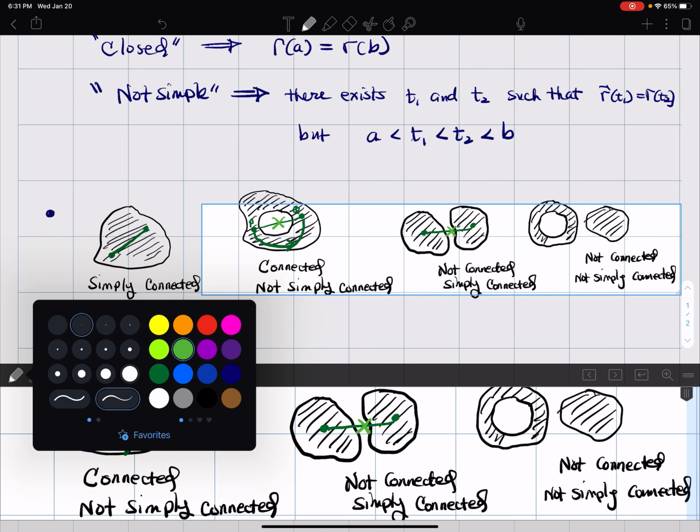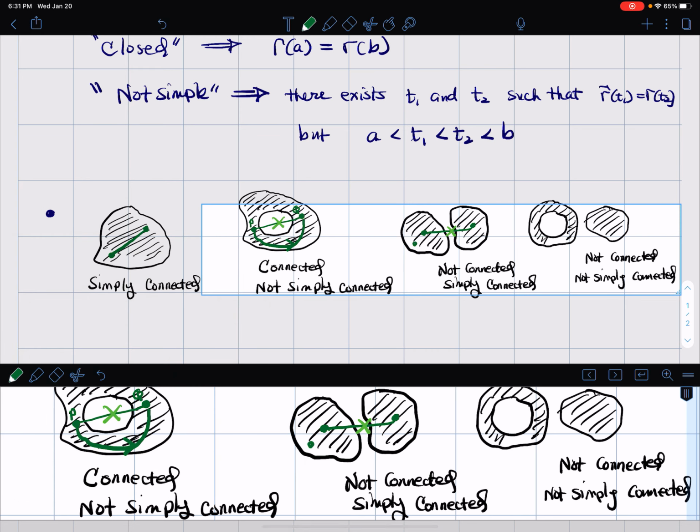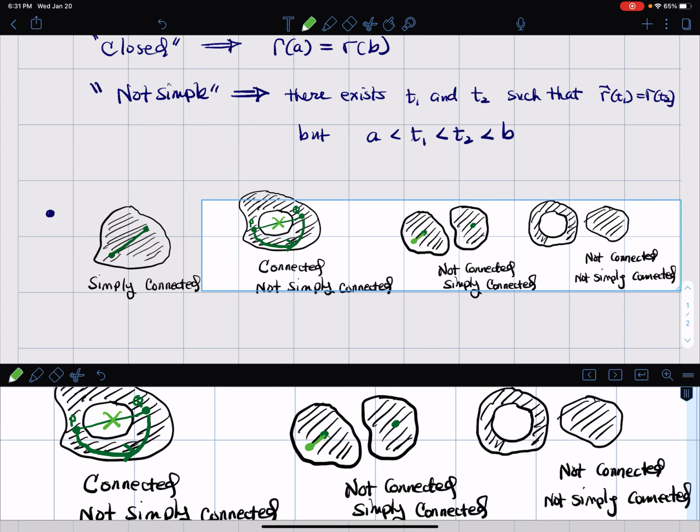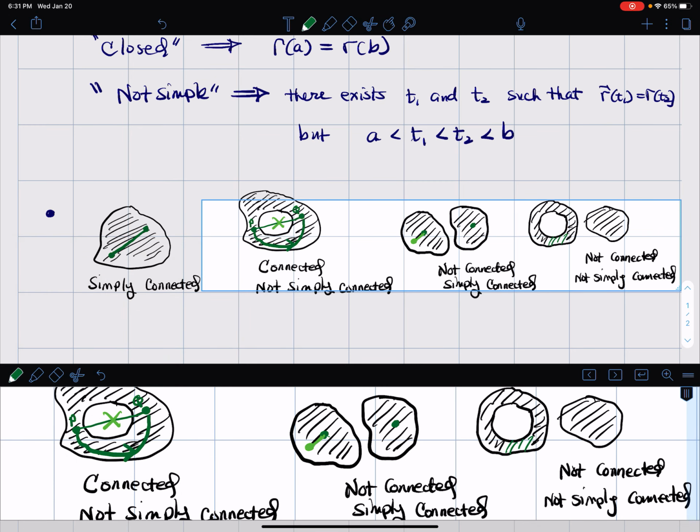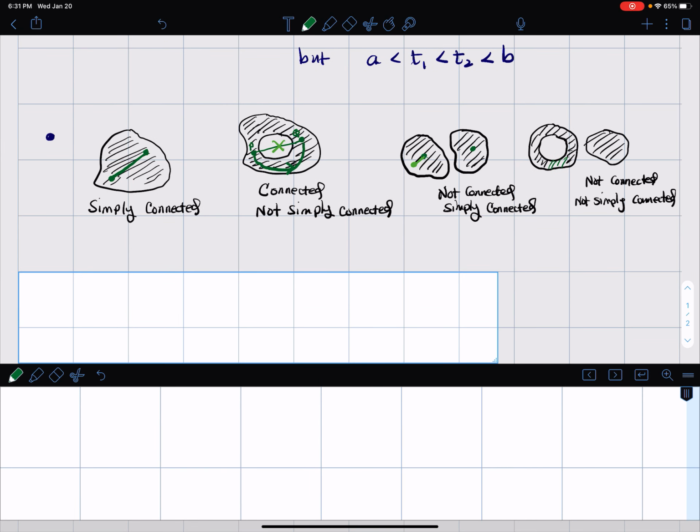However, if we restrict ourselves to a subset of the region, then for every 2 points in the first region, for instance, we can always find a straight line. All right, so that's simply connected. However, the whole region is not connected. Now it's quite easy to see why the third one or the fourth one is not connected and not simply connected. If you have questions, email me or ask me in class.